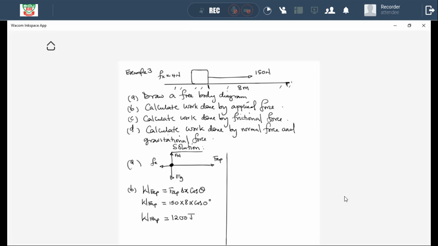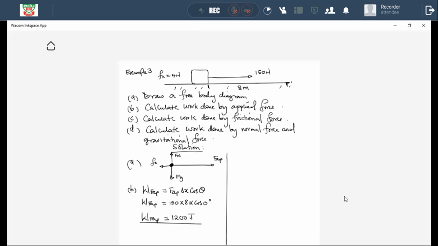You underline it. Now let me preempt something on that one. We are getting a positive work done. It means force applied is doing positive work on the block. And remember, in my introduction, I said work done is equal to energy transferred.